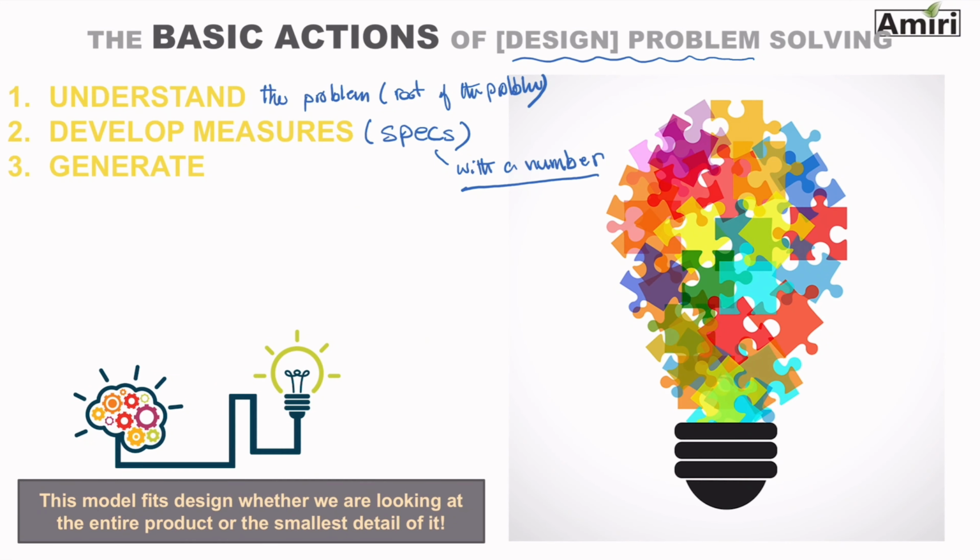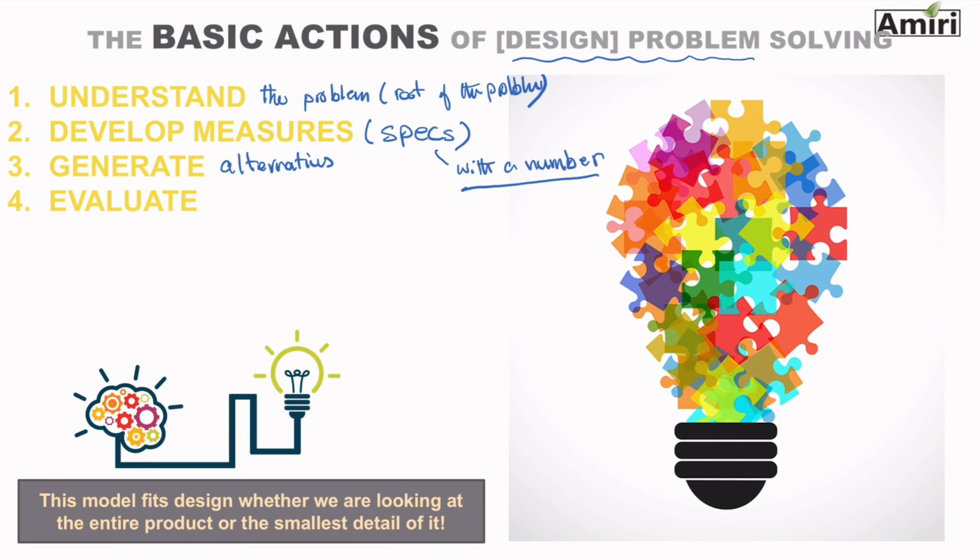After you develop some measures, you generate some alternatives or some solutions. You go around the local dealerships and you find 15 cars that fit your specs. If they don't fit your specs, you don't even consider them. If you see a car that's beautiful but it's 2015, it's out of your specs, you're not going to consider that.